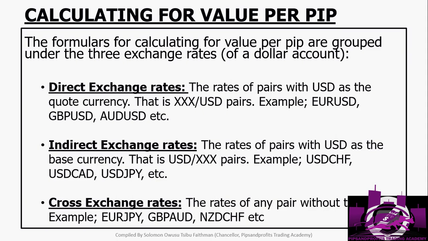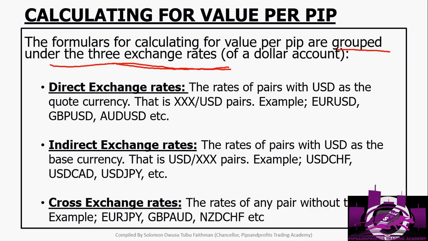Now, the formulas for calculating for value per pip are grouped under the 3 exchange rates. So if we want to calculate for value per pips, we have formulas, and the formulas are grouped under the exchange rate. Those who were with us from our second lesson, we spoke about the exchange rate. So you have to revise your notes. I told you that it is going to be needed, and this is where we need it.